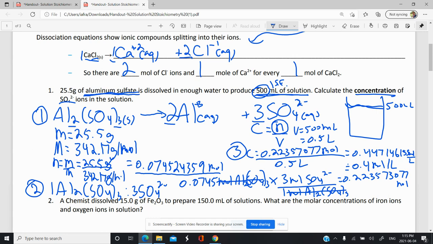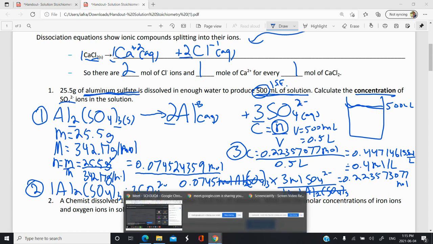And I'll actually show you an example like that in one of the examples coming up. So you could have just done your moles divided by your volume of aluminum sulfate, then times 3, and you would have had your answer in the end there as well. So a little bit less legwork in that sense. It becomes a little bit less work, especially if you have several ion concentrations that you have to find.